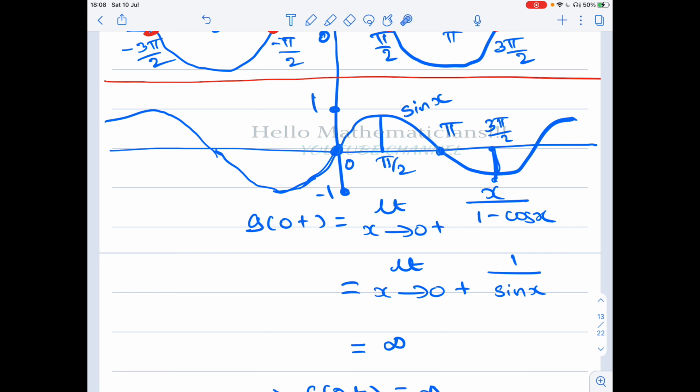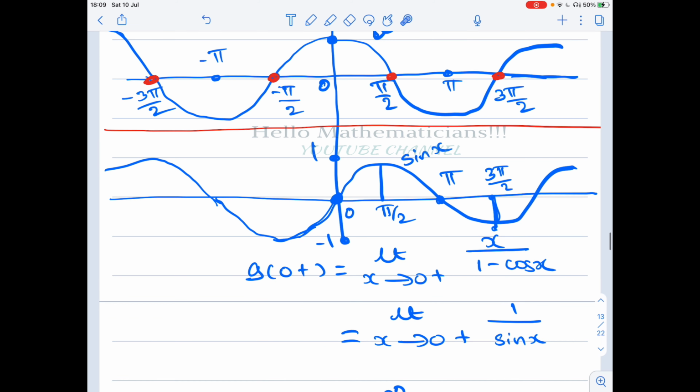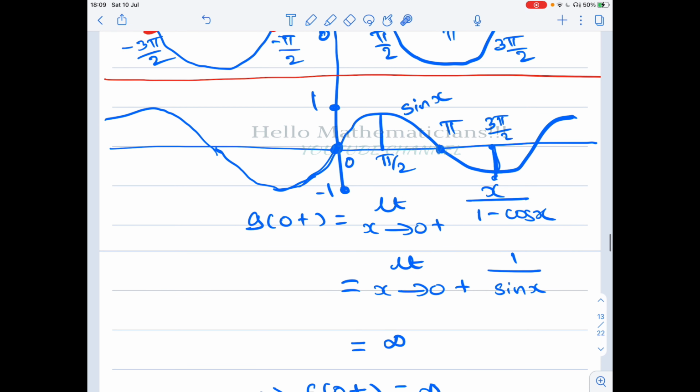So you can apply L'Hospital. So you get 1 by the derivative of 1 minus cos x, which is minus of minus sin x, so we get sin x. So we get limit x tends to 0 plus 1 by sin x. Now if we approach from the positive side, you are approaching 0 from the positive side in the sine curve.